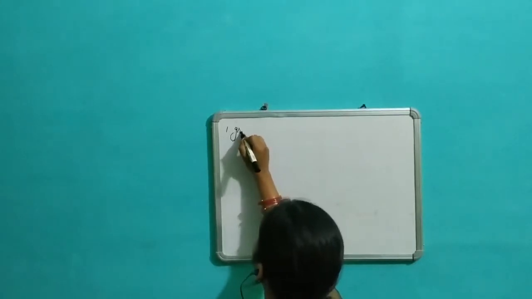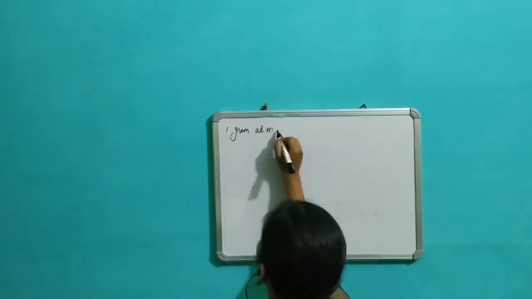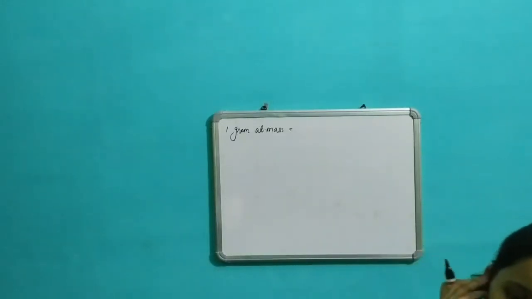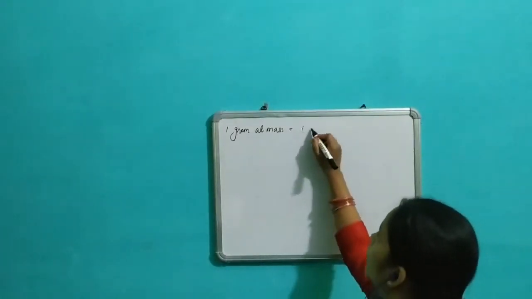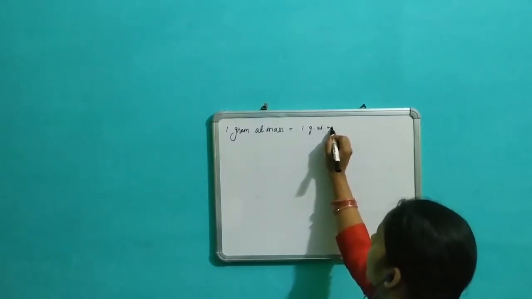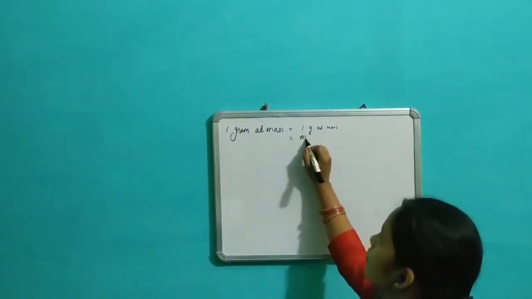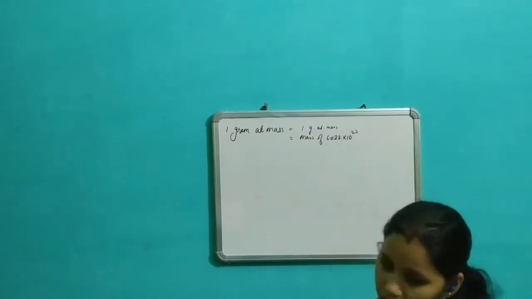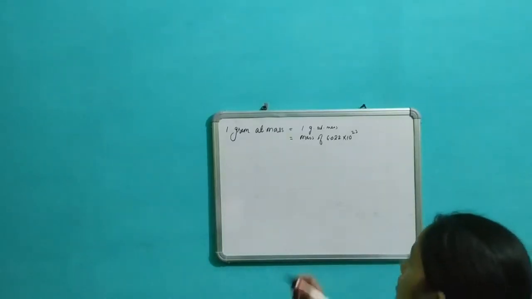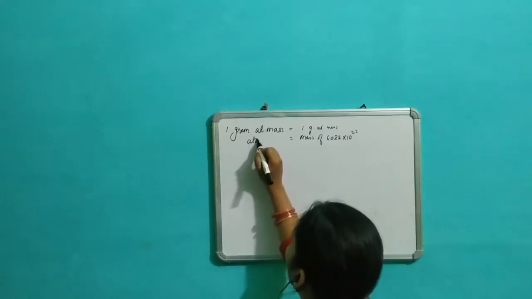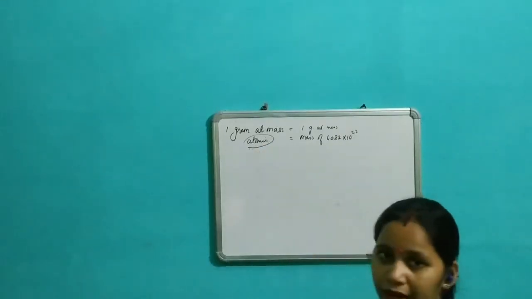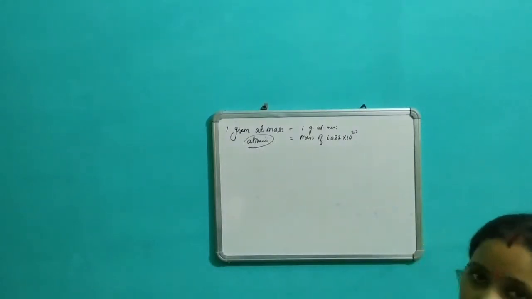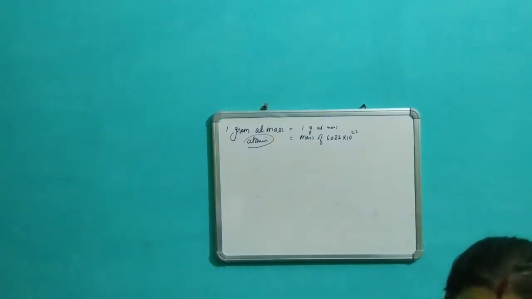In general, when I say 1 gram atomic mass, that will be equal to the mass of 6.022 × 10^23 atoms of any substance. I've written it here, this is atomic mass.